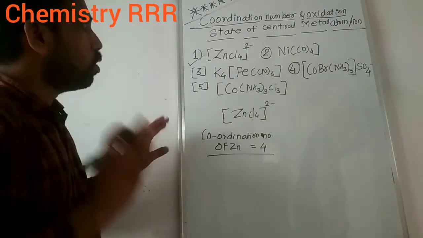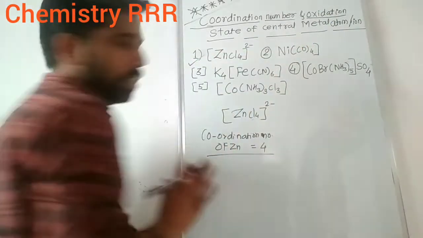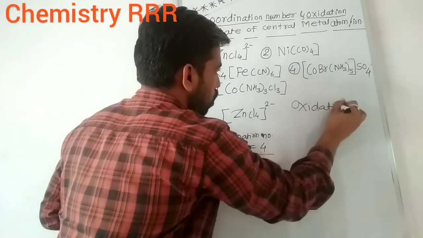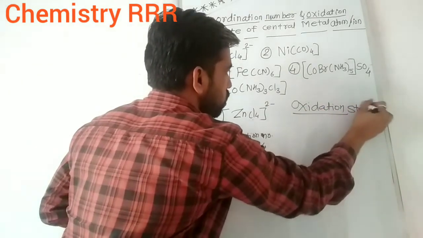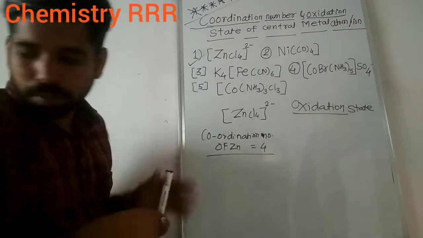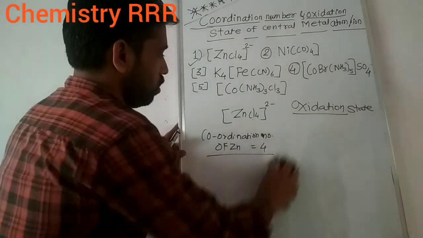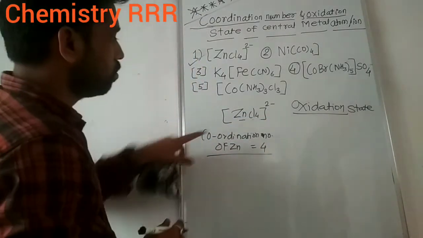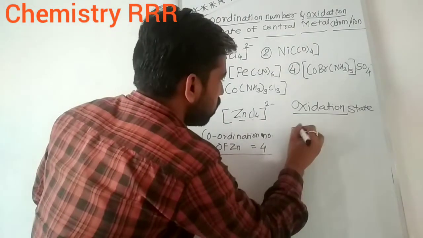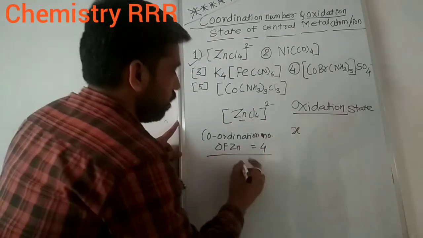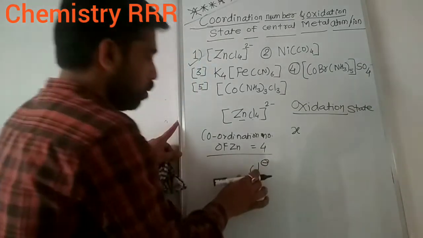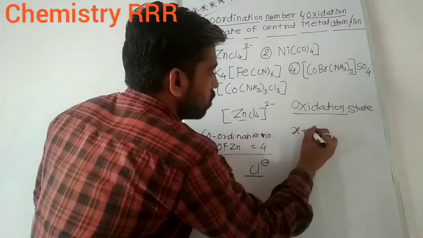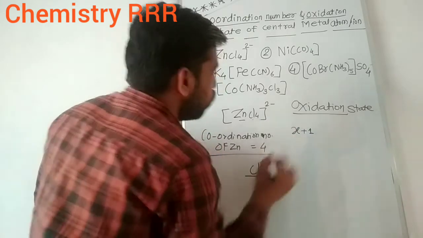Now let's solve how to find the oxidation state of zinc, the central metal atom. For the zinc, consider X. Now you know the chlorine ligand, or we call it chlorido, has one negative charge, -1.